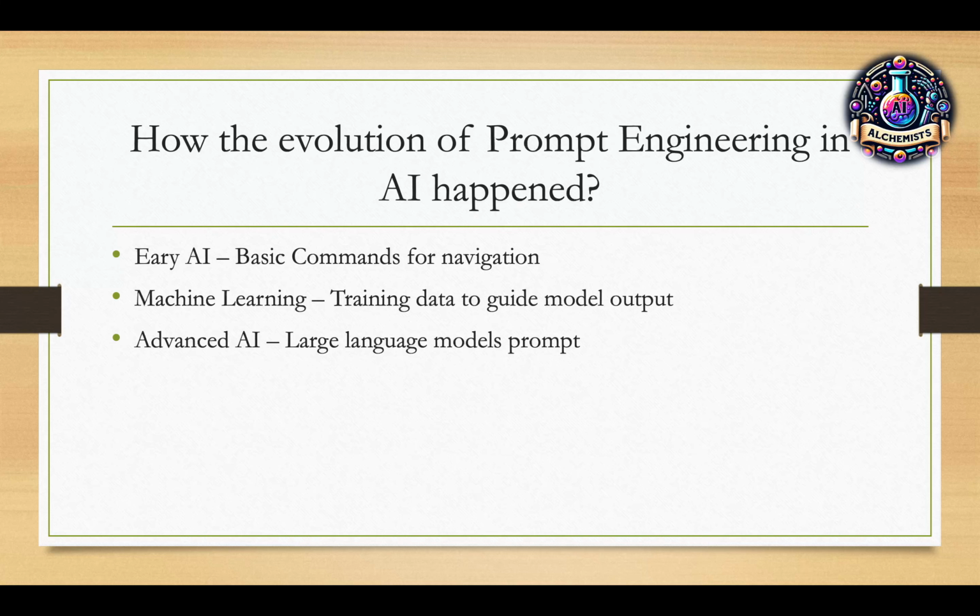All right, so how did the evolution of prompt engineering in AI happen? This is just history. I'm not going to deal much with it because we are already in an advanced AI world, and it's going to be more advanced than what we are right now. The earlier AI, in the 1970s and 80s, had chess games where computers played chess. Programs were built in, and the computer got the intelligence to make moves according to the moves made by the human.